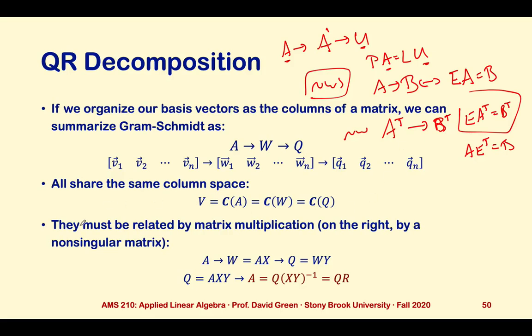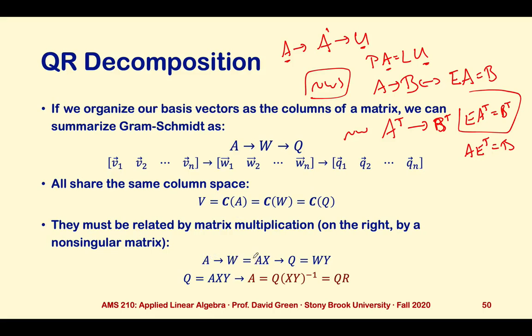Right? So if A, W, and Q all have the same column space, their columns are all just linear combinations of one another, that means that we can represent this process by matrix multiplication on the right by a non-singular matrix.